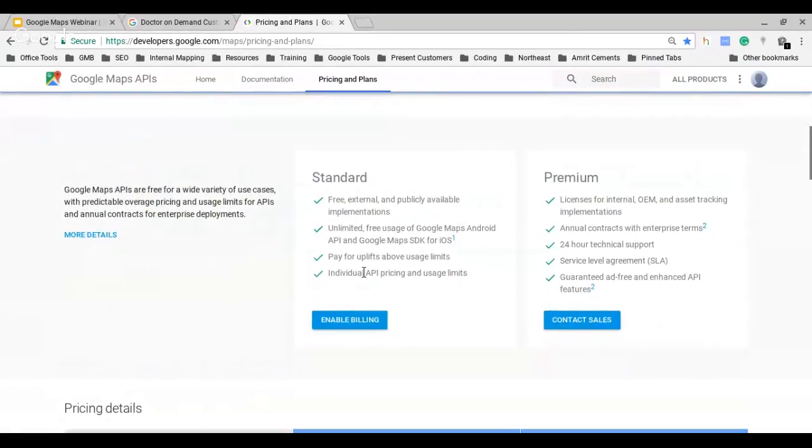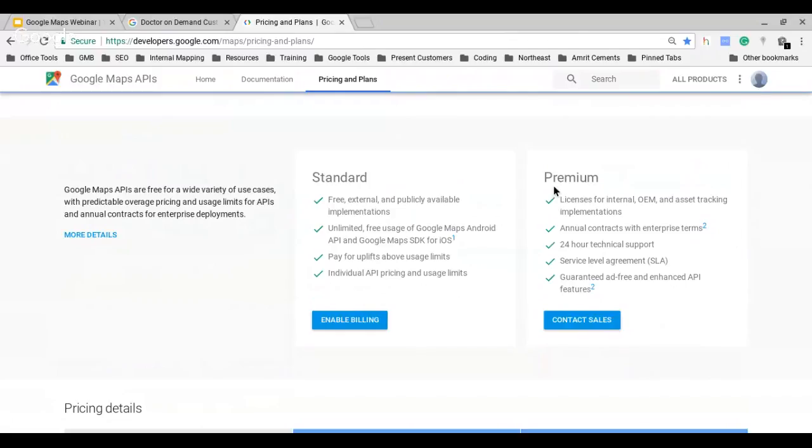So if you go to this page, developers.google.com/maps/pricing and plans, this will give you a detailed outlook on what categorizes as standard and premium, right? So if you have a free, external, and publicly available implementation, that is the only time you can use the standard plan, right? Other than that, if you have an internal license, right? Internal means that if you're showing maps to your customers or stakeholders after a login page, right?